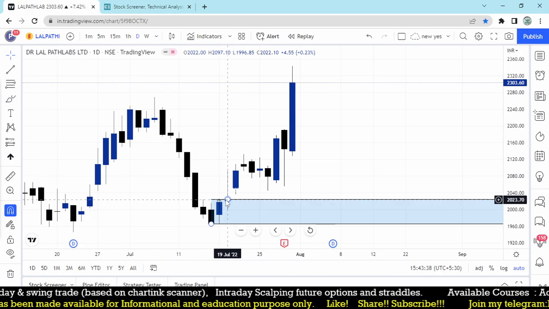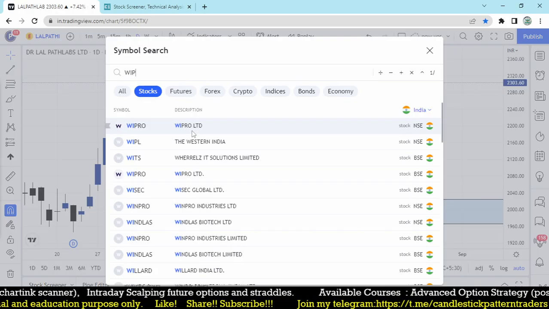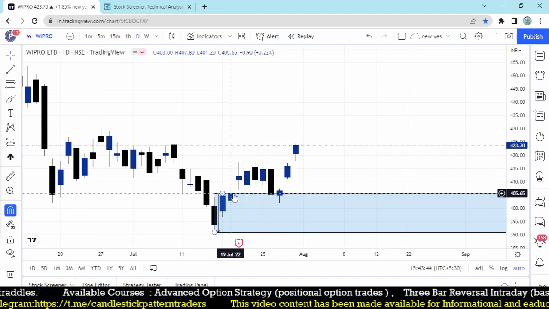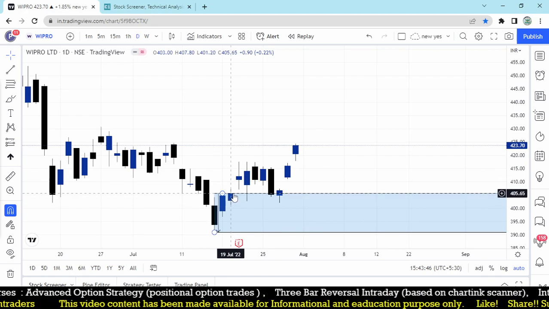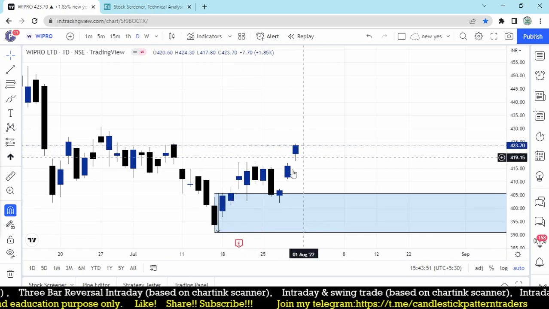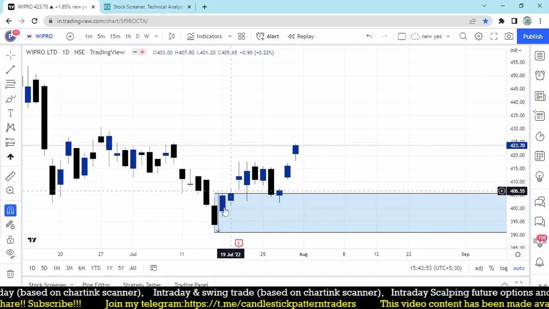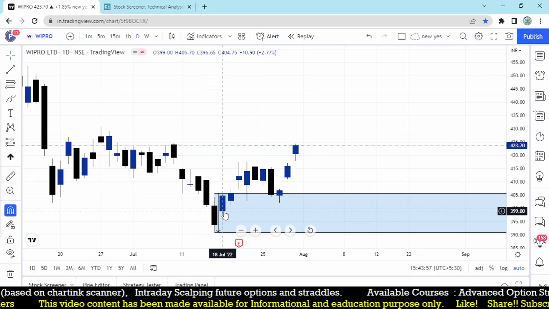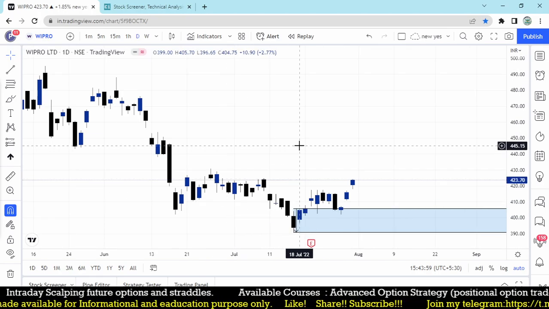One is Lal Path, another is Wipro. Wipro is also performing well: at 405 we thought it may go up with a stop loss of 391. That was the 3 bar reversal video, made on almost 18th July, I think.